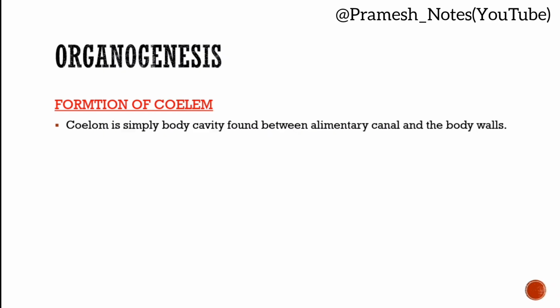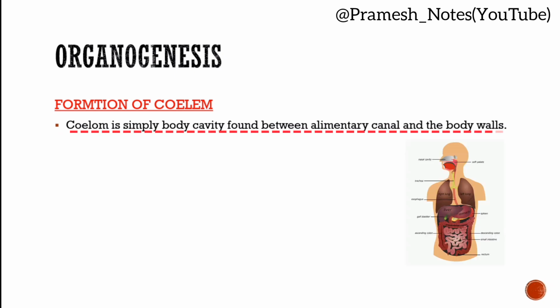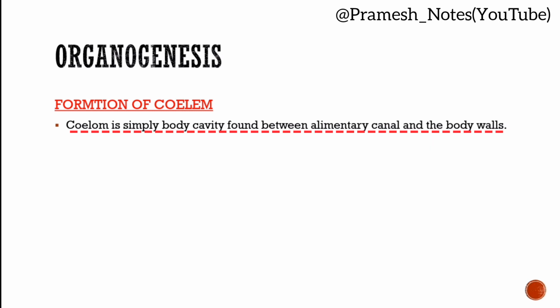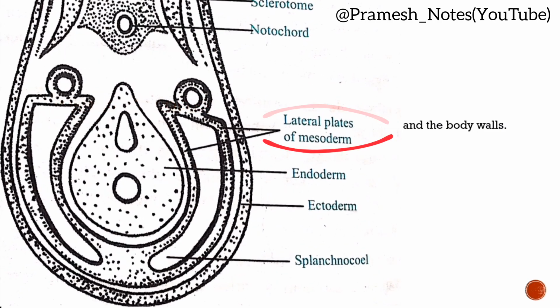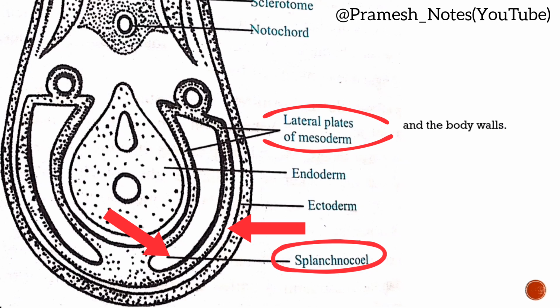Let's learn about the formation of coelom. Coelom is the body cavity found between the alimentary canal and the body wall, developed from mesoderm. Although its formation begins simultaneously during organogeny, it can be described one after another. The lateral mesodermal plate splits vertically downward so that the mesoderm divides into two layers, the outer somatic or parietal layer, and the inner visceral or splanchnic layer.